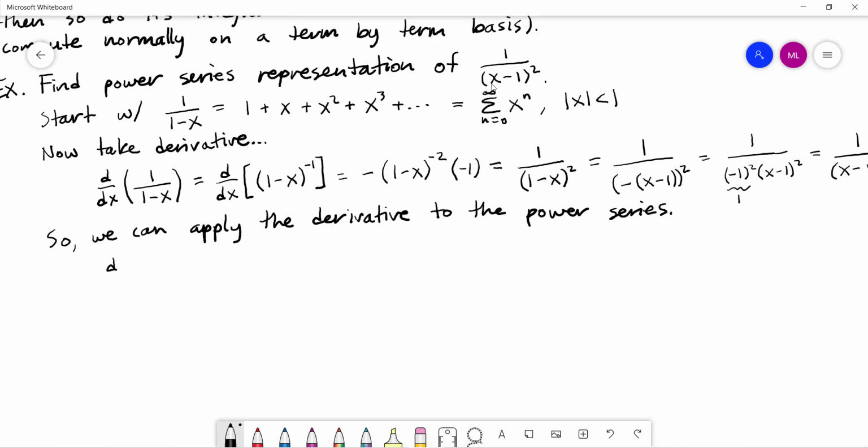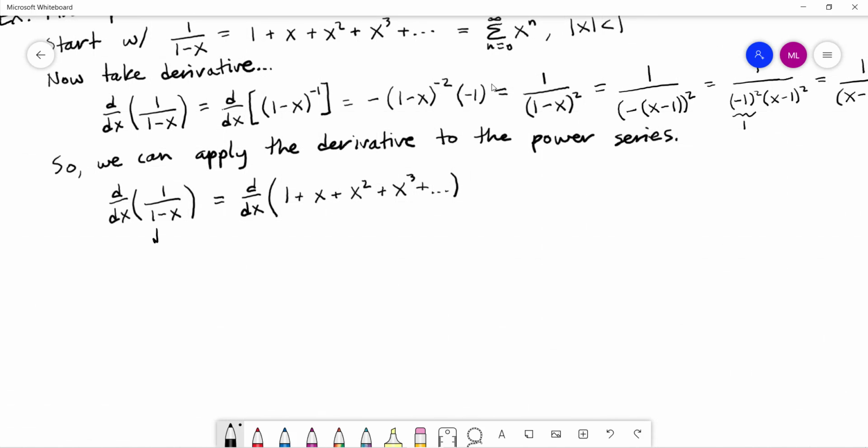What I'm saying is if we have d dx of 1 over 1 minus x, that's going to be the same as d dx of its power series representation, which was 1 plus x plus x squared plus x cubed, and so on. We already showed that this derivative was the exact same thing we're looking for, so 1 over (x minus 1) squared. And what is this derivative going to be?